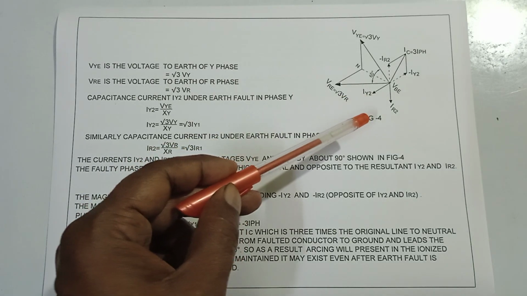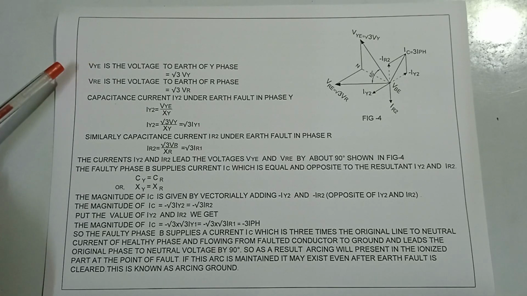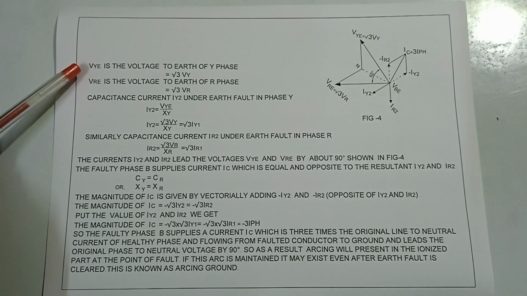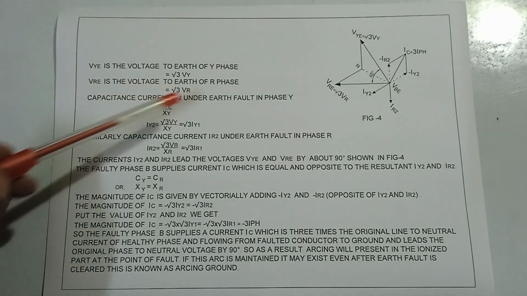Here I again represent figure 4 to discuss the total phenomena. Vye, the voltage to earth of phase Y, is equal to root 3 Vy. Vre, the voltage to earth of phase R, is root 3 Vr.